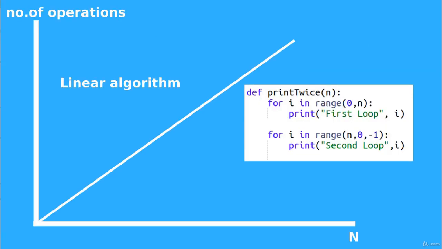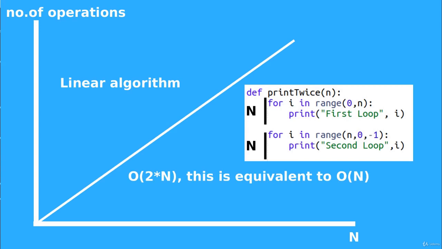Here we got a function called print twice, and all it does is that it has two loops. First one will print the elements up to n starting from 0, and the second one will print the elements starting from n till 0. Now, both of these loops have n iterations. Sure, one starts from 0 and the other starts from n, but at the end of the day, the number of iterations of both of these is n.